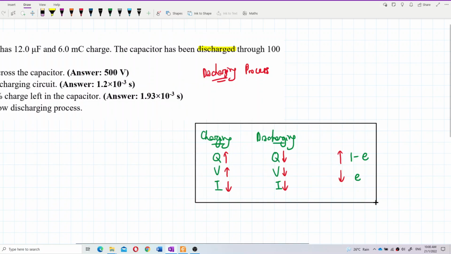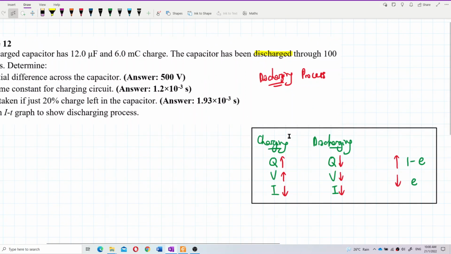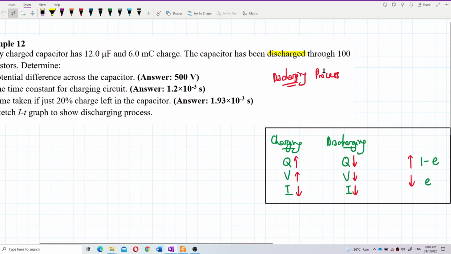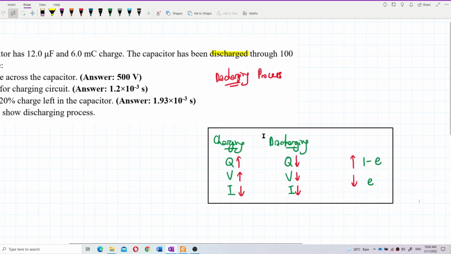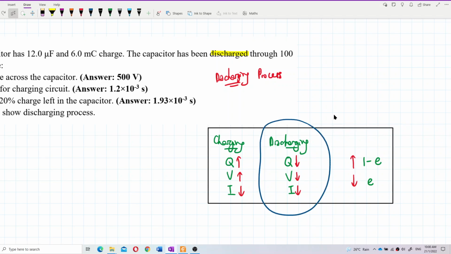So this is a discharging process, and we are going to use only the formula under discharging. We no need to look at the charging process.